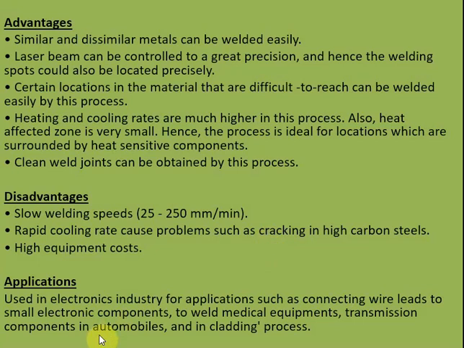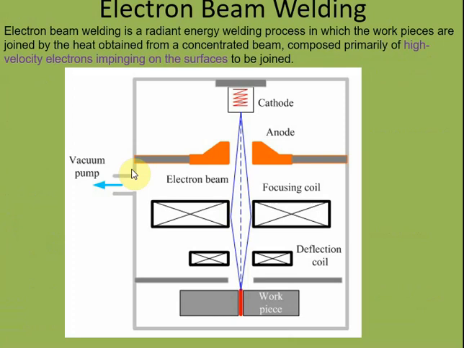So mainly the application comes at a smaller micro level. Whenever we need a weld at a very small region, we can go for this method. The next method of welding is electron beam welding.